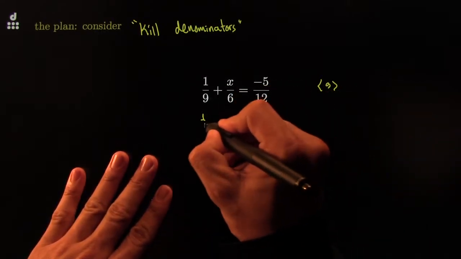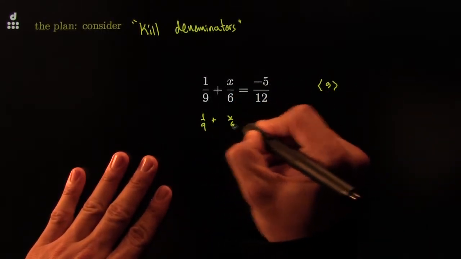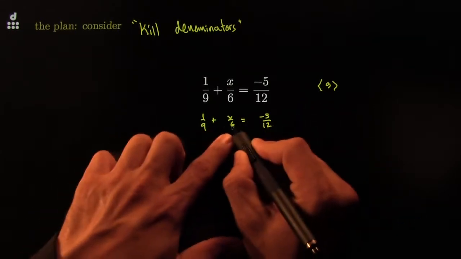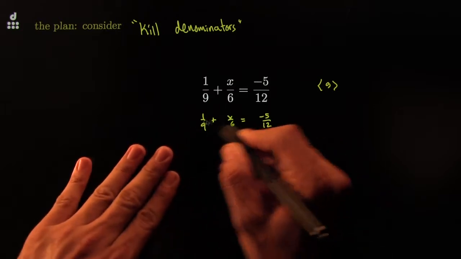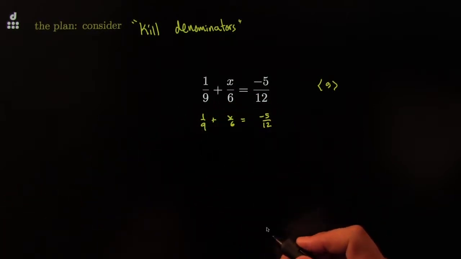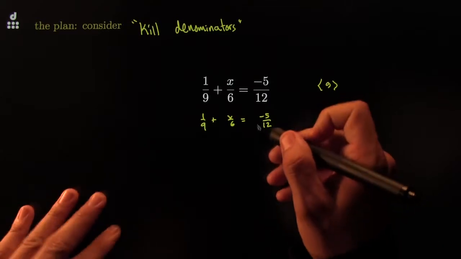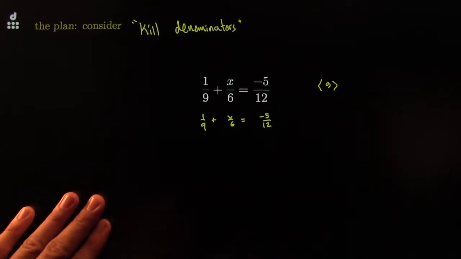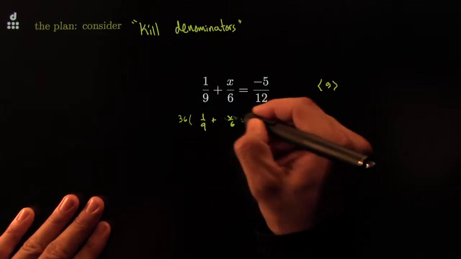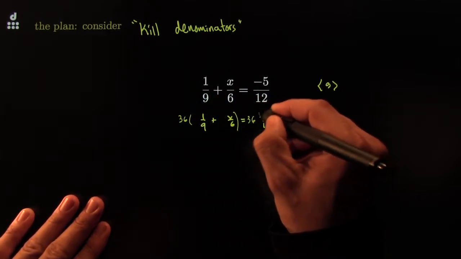So here I have 1 over 9 plus x over 6 is equal to negative 5 over 12. I see that I have a 9, a 6, and a 12, and I'm going to guess that my least common multiple is 36. Okay? So I shall multiply both sides, everything, by 36. 36 on this side and 36 on that side.